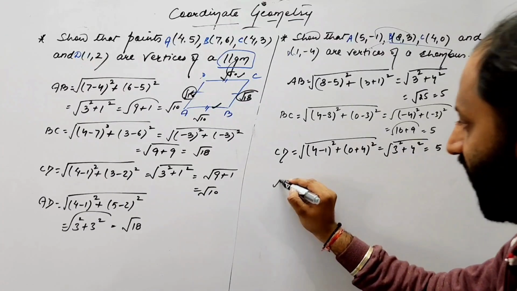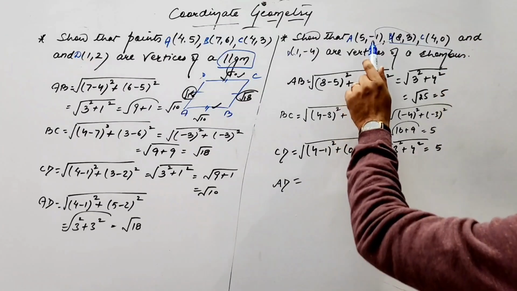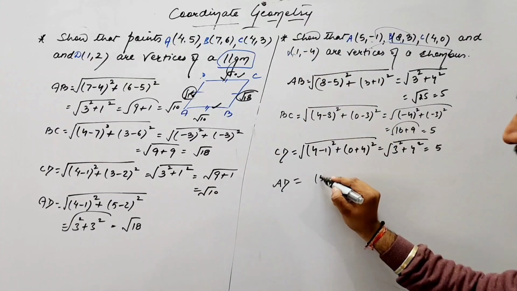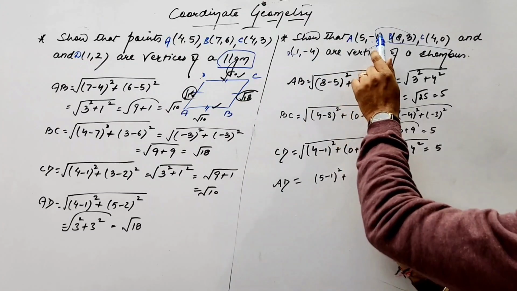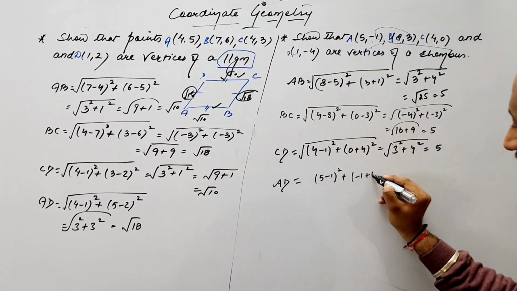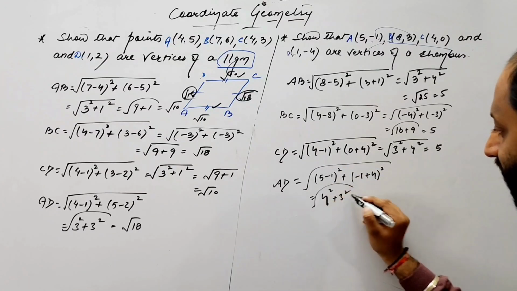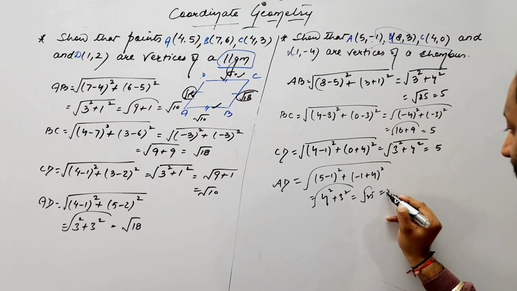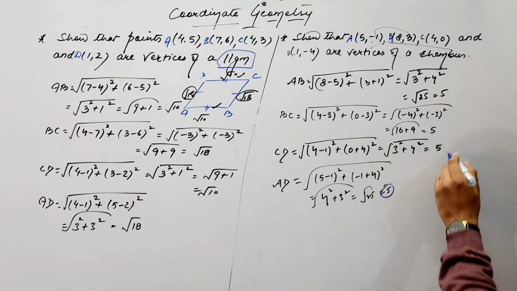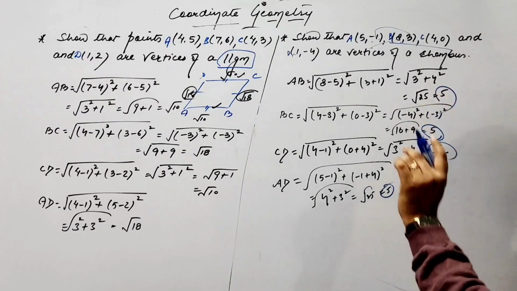This is again 5. And the fourth is AD. 5 minus 1 square plus minus 1 minus minus 4 square. 4 square plus 3 square, 16 plus 9, 25. This is 5. Now here all sides are equal. It means it is a rhombus.